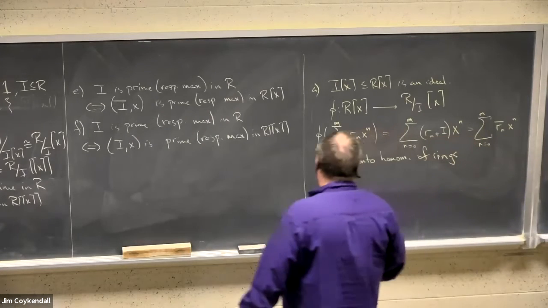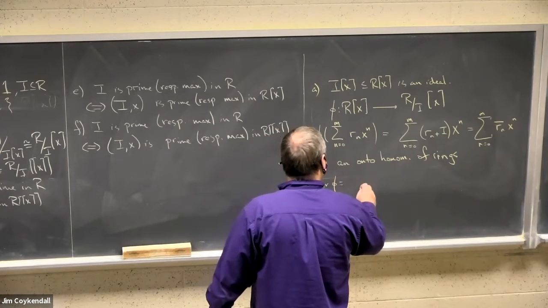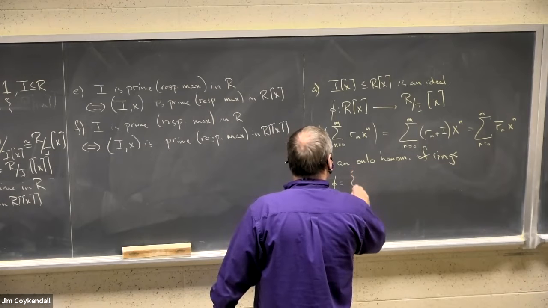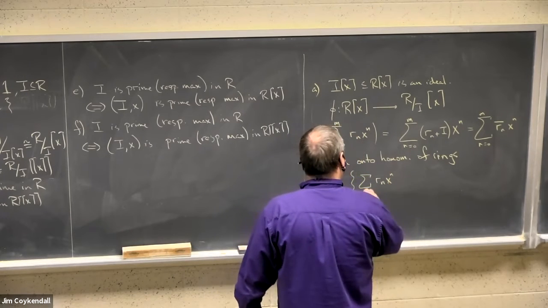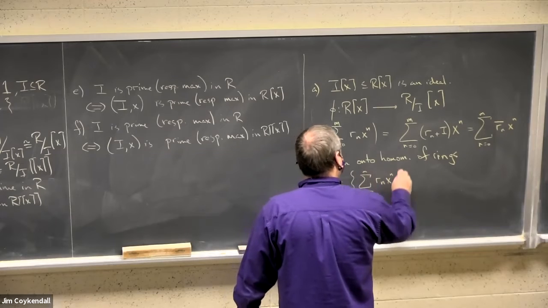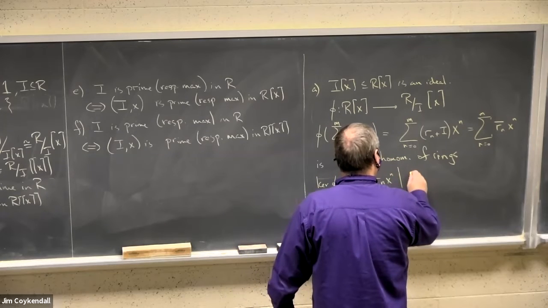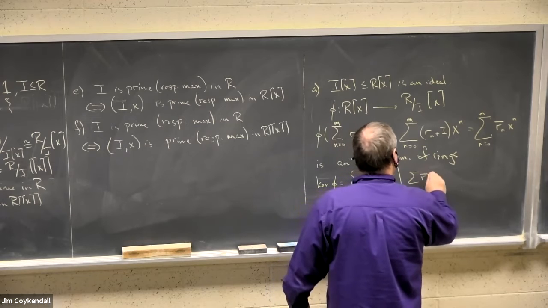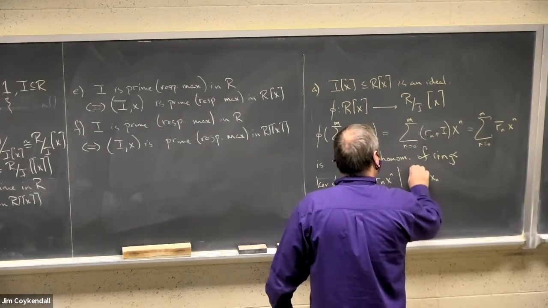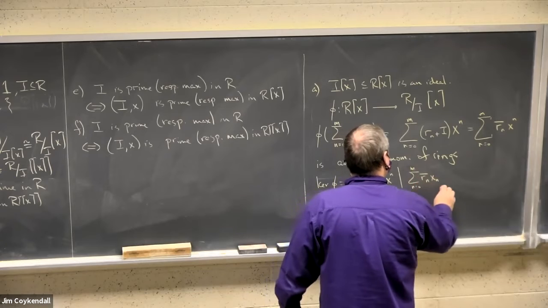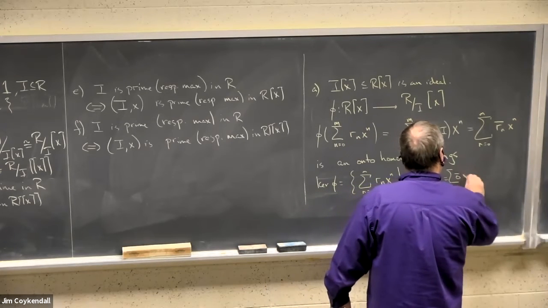And notice that the kernel of phi is the set of Rn xn such that Rn bar xn equals 0 bar times xn.